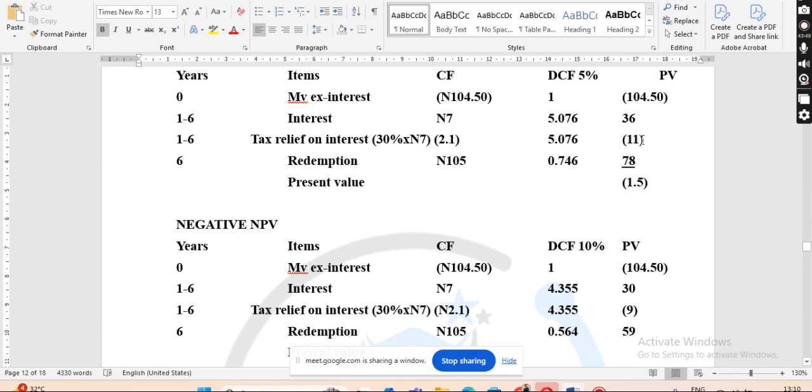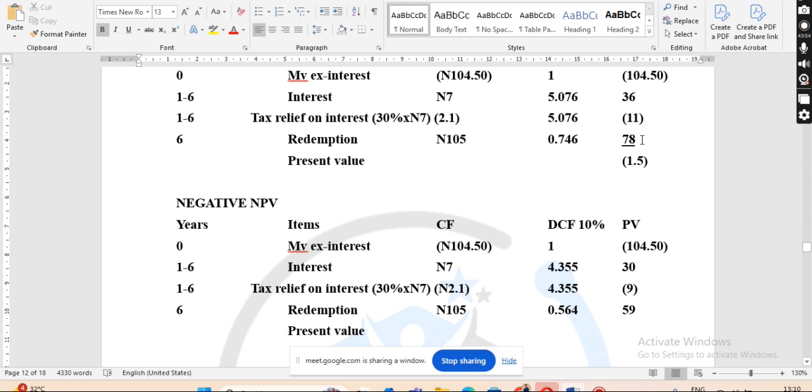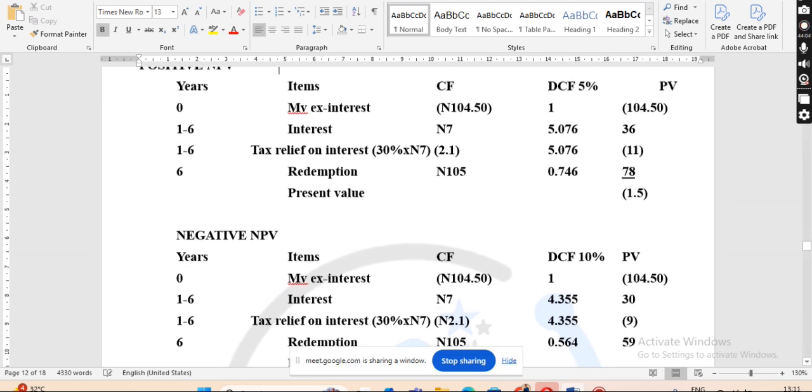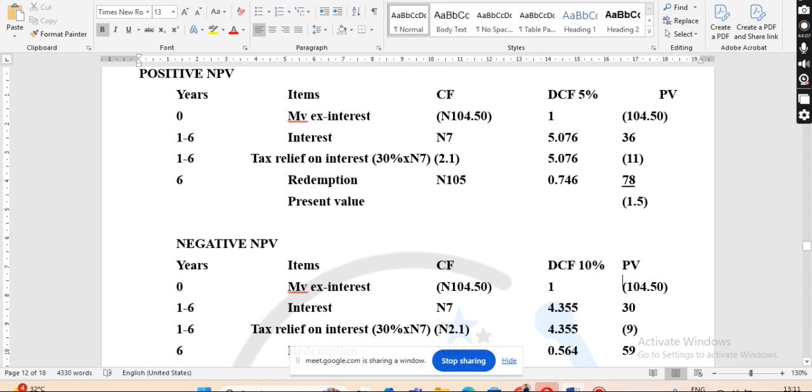This is the DCF. Do we have positive here? Let me check. We can't have positive. We need to bring down our DCF. That means the higher the DCF, the more negative your NPV becomes.